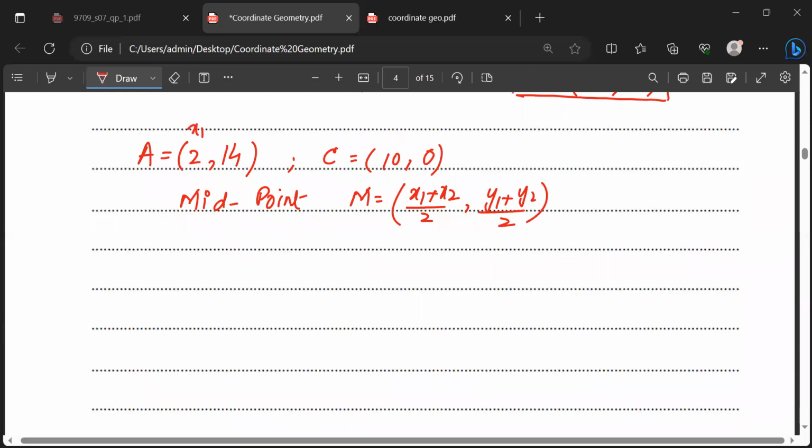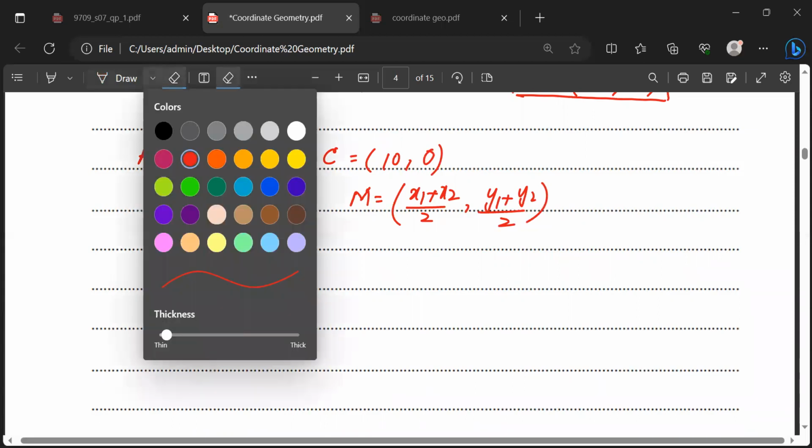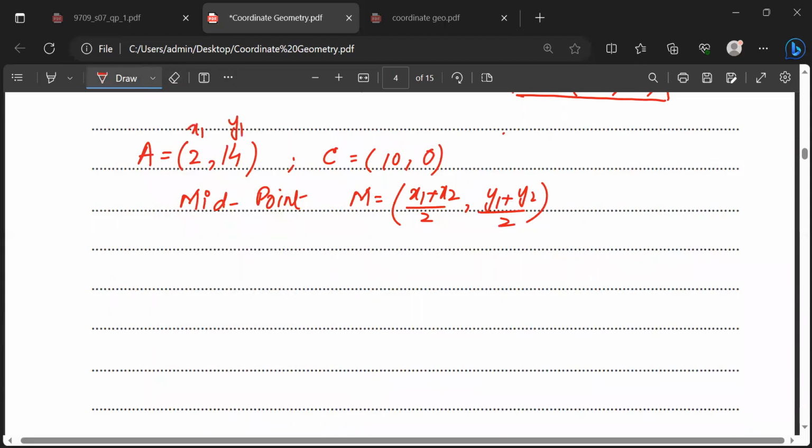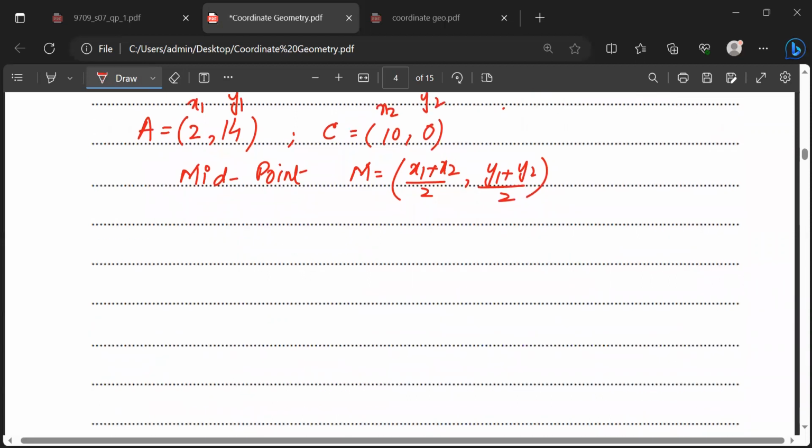So 2 plus 10 over 2, then 14 plus 0 over 2, which is 12 over 2, 14 over 2, and M is 6 comma 7.